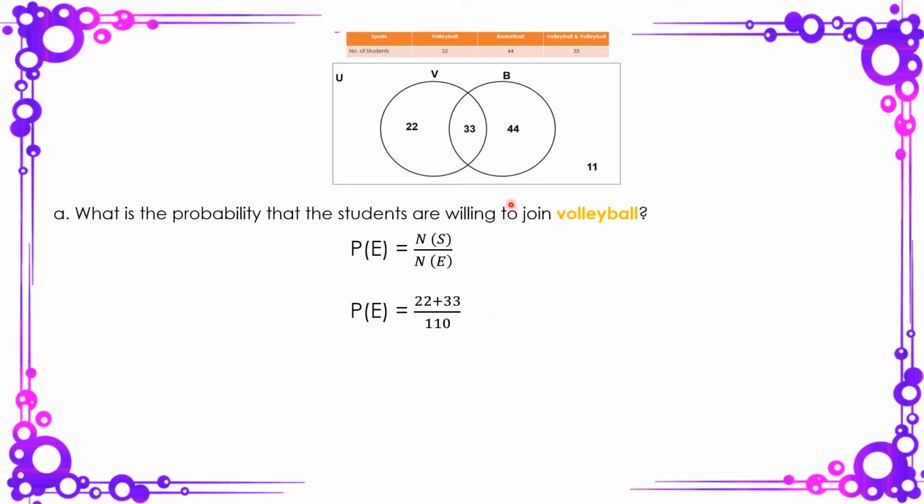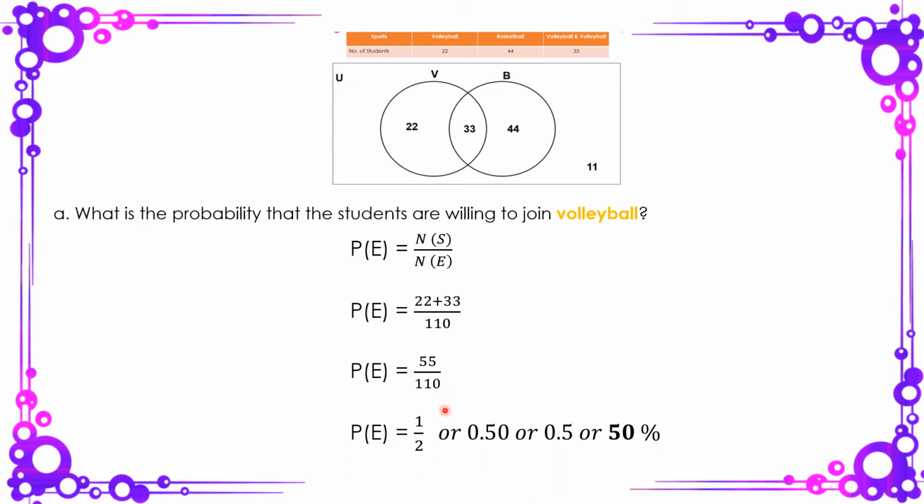Or again, if we are going to add 22 plus 33 plus 44 plus 11, it is equal to 110. And now we can now simplify. So the answer here is 22 plus 33 is 55 over 110. Just copy the denominator.